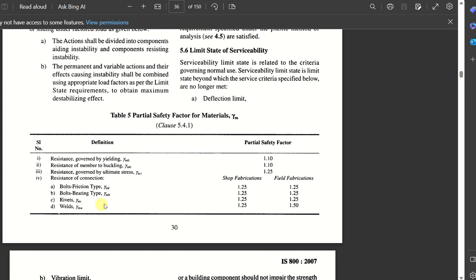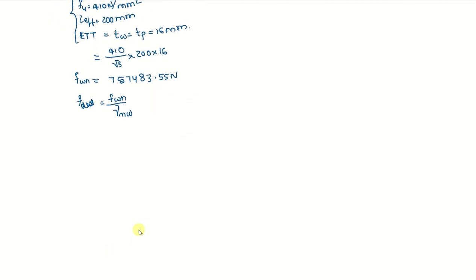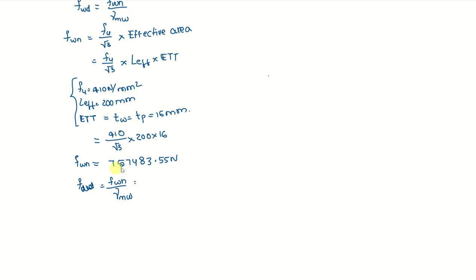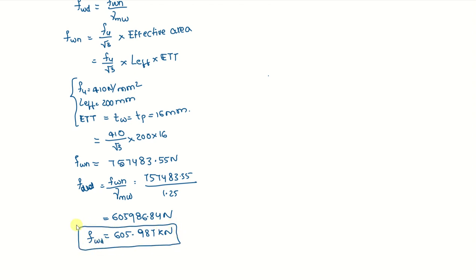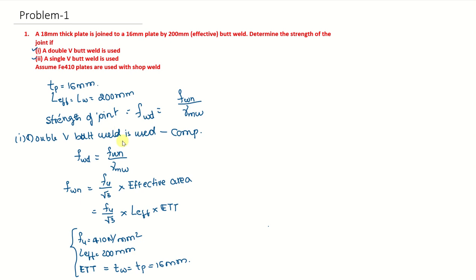When you are using welds, the gamma MW value for shop fabrication is 1.25. So 757483.55 divided by 1.25 gives 605986.84 Newton, that is 605.987 kilonewton, FWD. This is for when a double V butt weld is used.